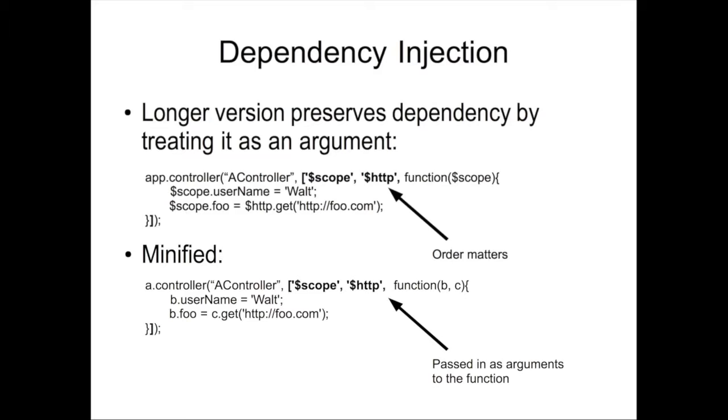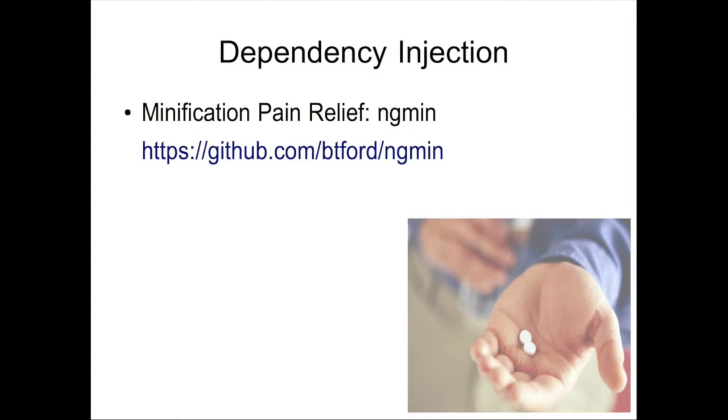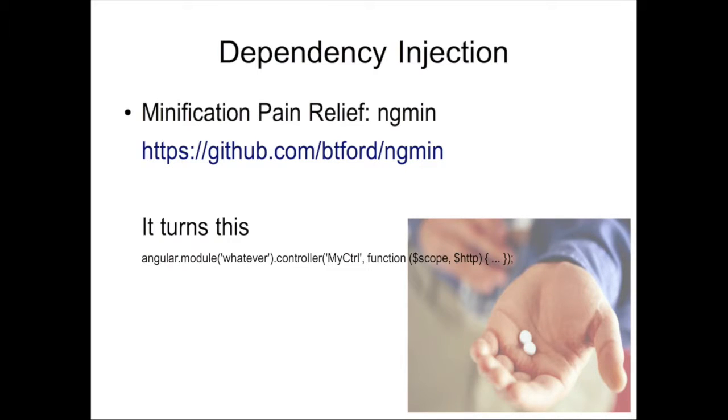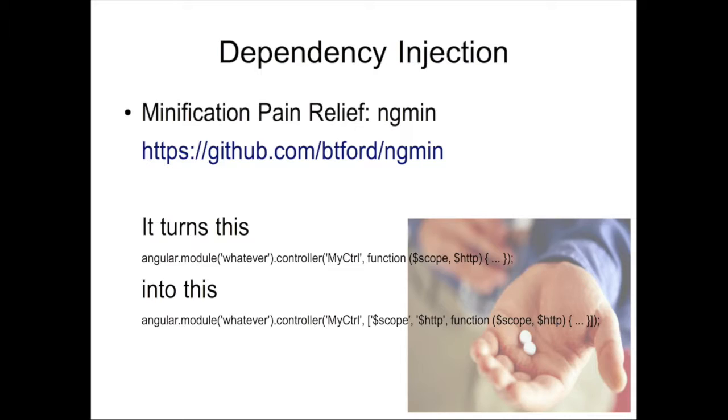That will protect you against minification, except when you do that, order suddenly does matter. But none of this is a problem as long as you're using ngmin, because ngmin will turn this into this. It will expand it out, put it in an array, and pass these things as arguments.